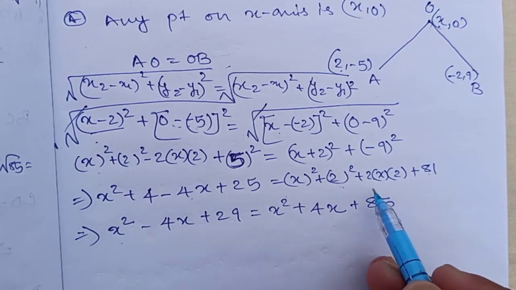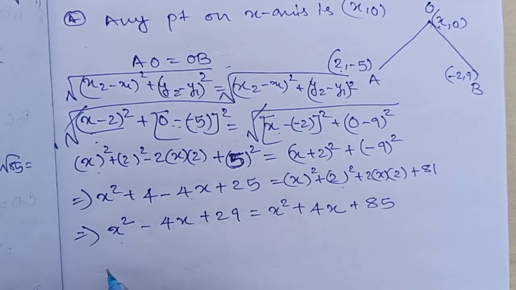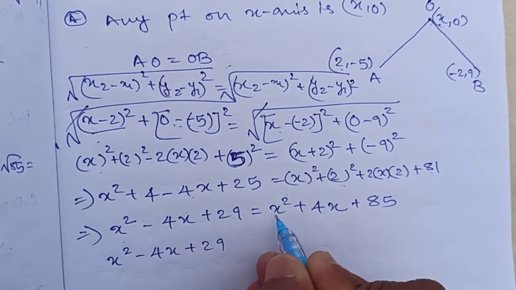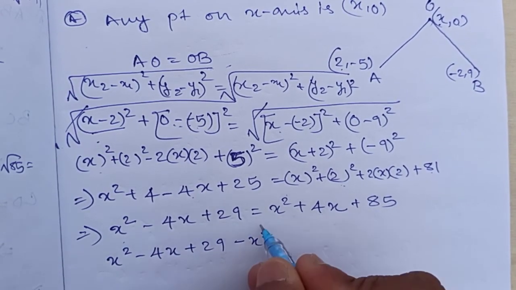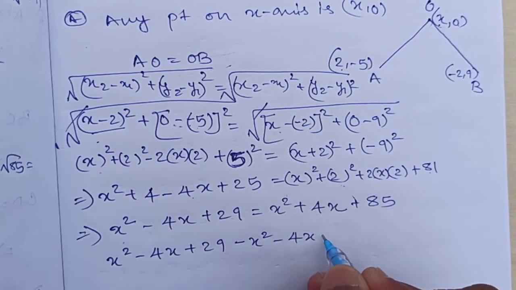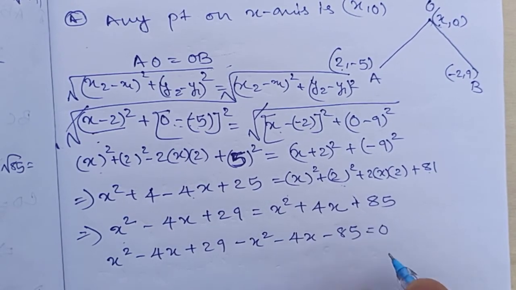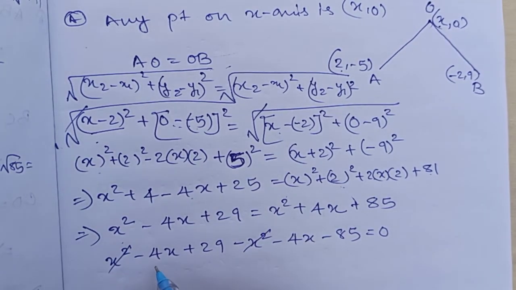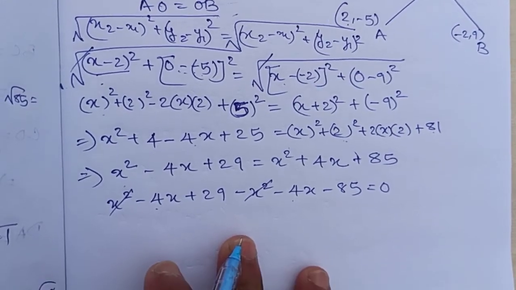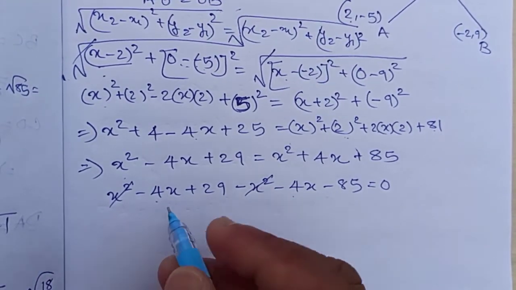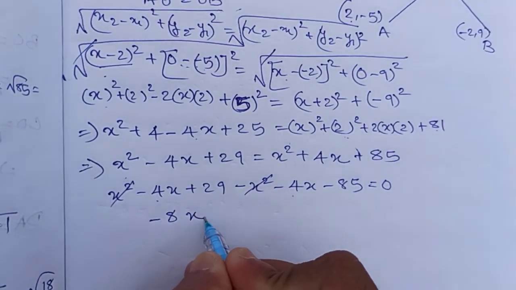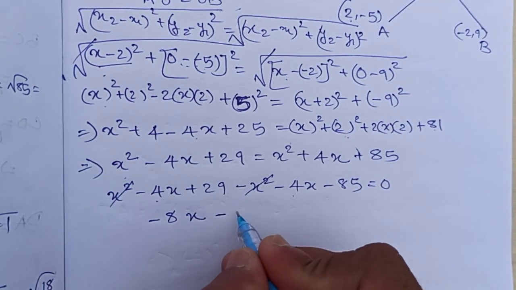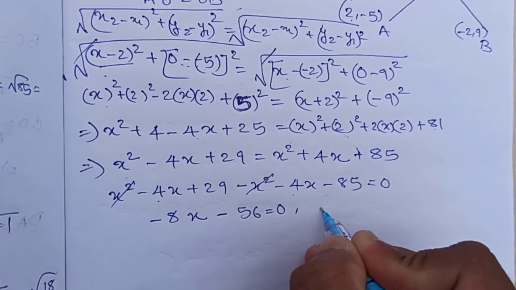Now bring all the terms of the RHS towards the LHS. So it will become x square minus 4x plus 29 minus x square minus 4x minus 85 equals 0. Here x square and x square will get cancelled. Minus 4x minus 4x is minus 8x, minus 85 plus 29 is minus 56 equals 0.